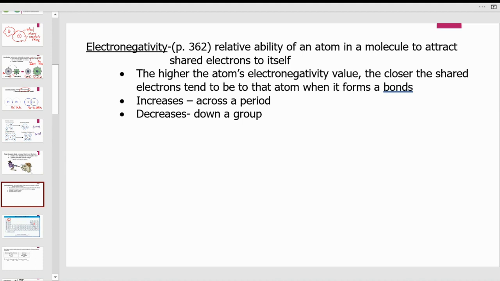The relative ability of an atom in a molecule to attract shared electrons to itself. So we're sharing electrons. Sometimes with definitions, you have to start at the end and go in reverse. Have you started doing that yet? These long sentences make you go, what the heck is going on in this definition? So we're sharing electrons. I'm attracting those electrons to myself. The ability of me to pull electrons to me.